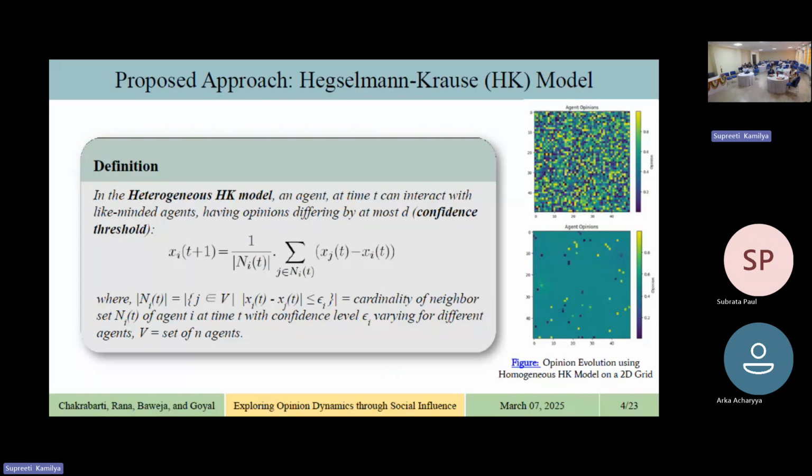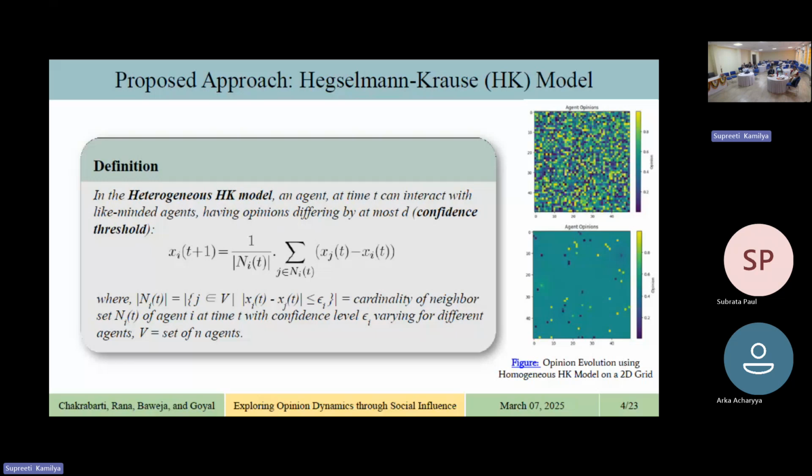In this model, we consider an agent in a population to have a confidence threshold. Any other agent in the population, this is a stochastic model, whose difference in opinion from that agent lies below the confidence threshold will be in the confidence set, or interacting neighborhood, of that agent. When the evolution occurs in the next time step, the current agent will take the average opinion of all the interacting neighbors.